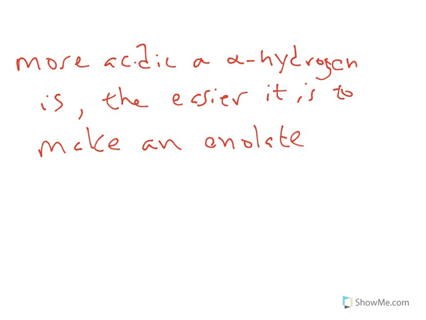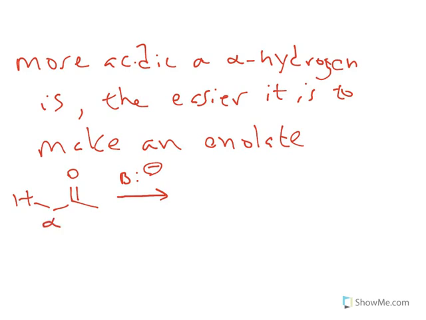So let's take a look at the ketone again. If I take a base, what is the enolate that I make? Recall, here's my alpha position.